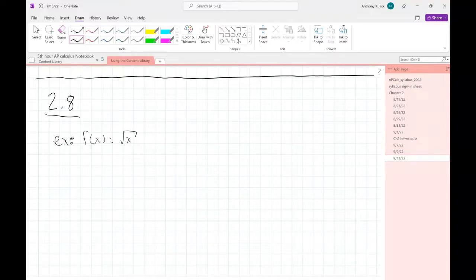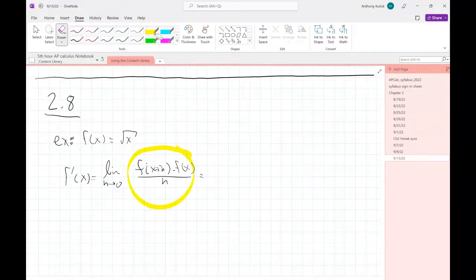So if I want to find the derivative of f, we're going to do the limit as h approaches 0 of, well, maybe we'll write it, f of x plus h minus f of x all over h. Just FYI, this thing is called a difference quotient.